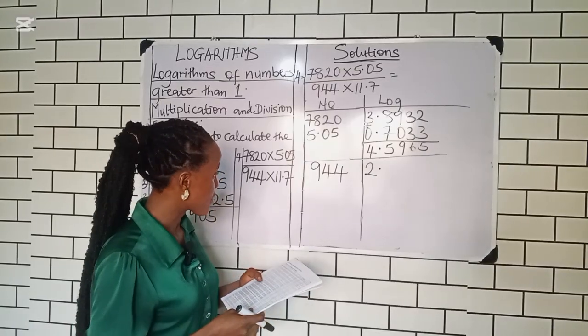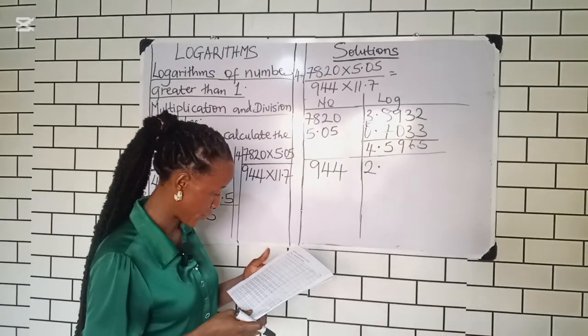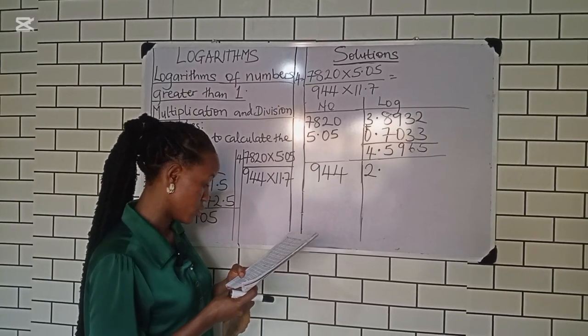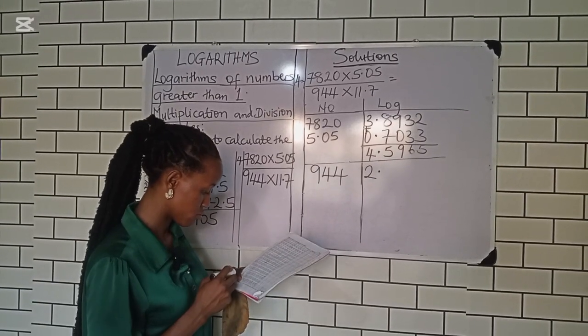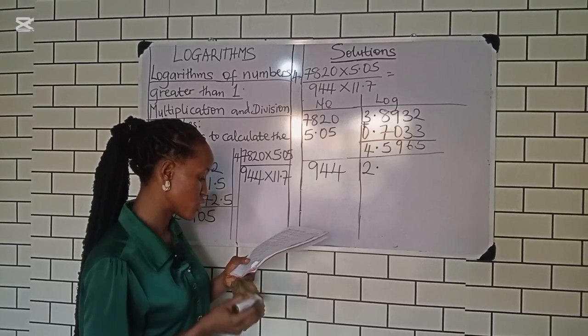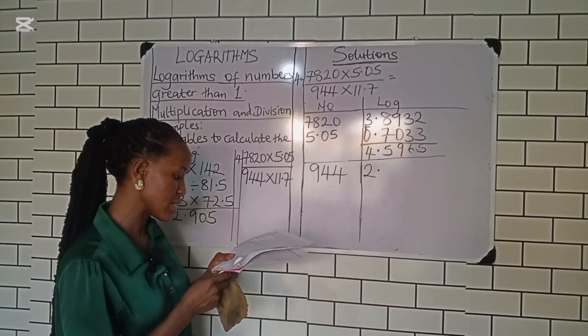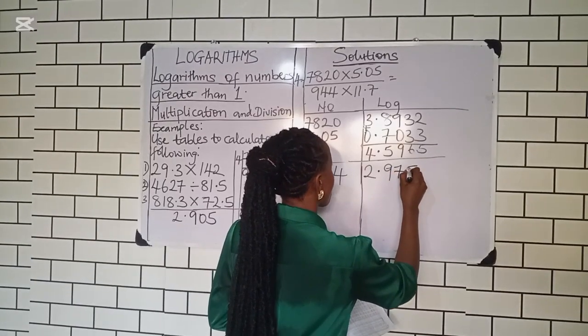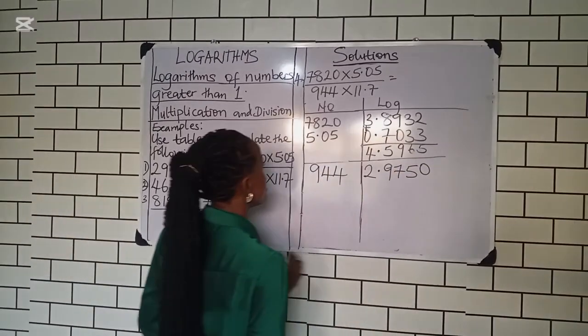Now we're going to look for 94 under 4. 94 under 4 is giving us 9750.